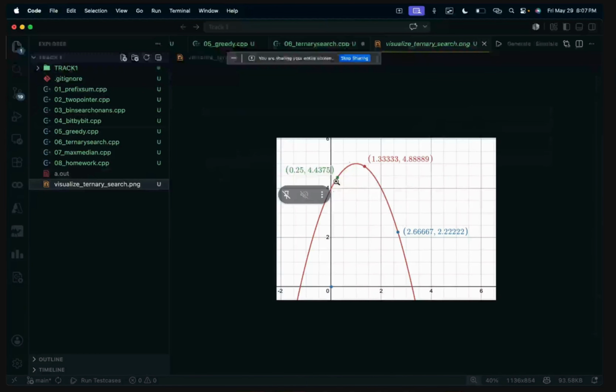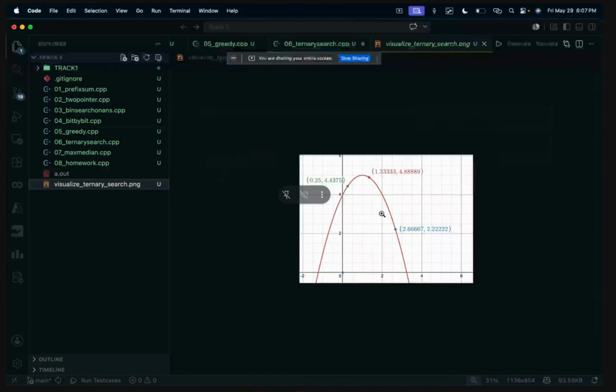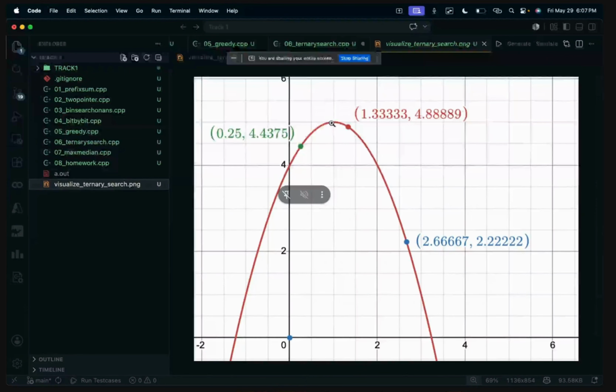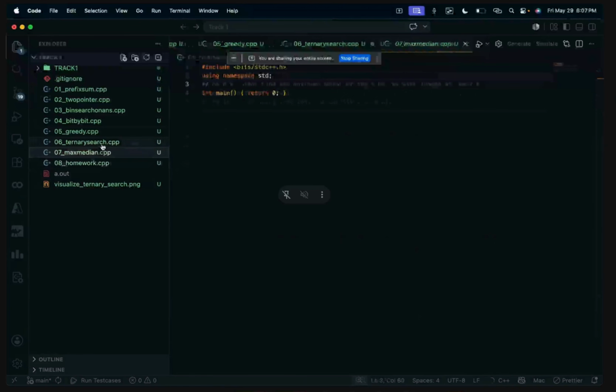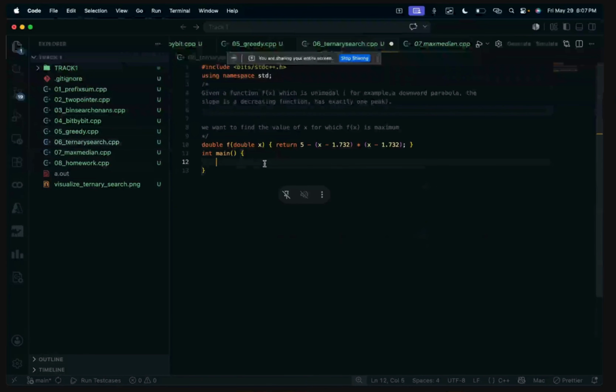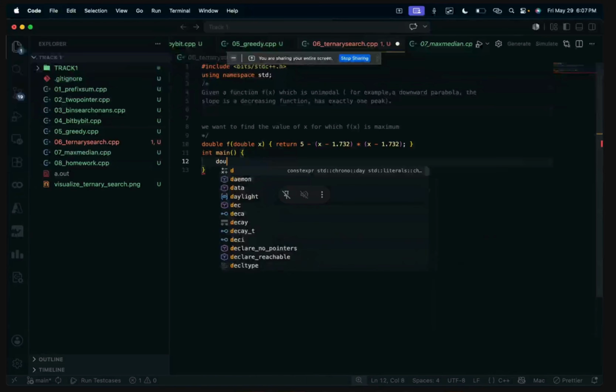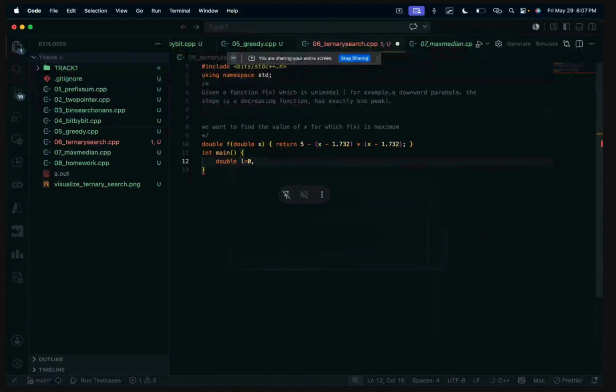So here we have an upward parabola. We are interested in finding where the tip of this parabola is located. So for this, I'll first give you an outline of this algorithm. First, we initialize a search space. Our search space is essentially something that we know for sure.